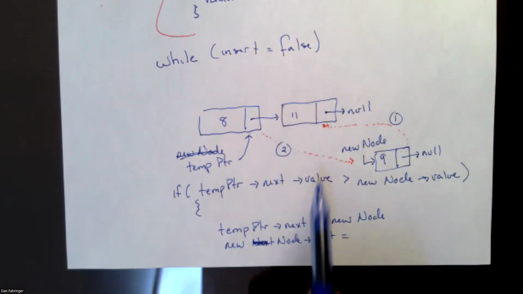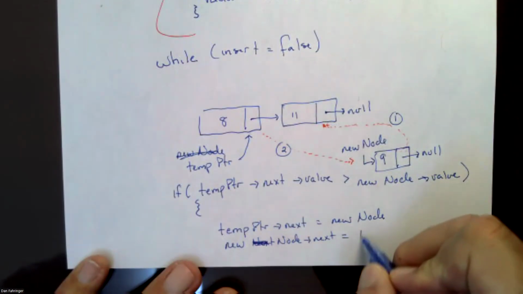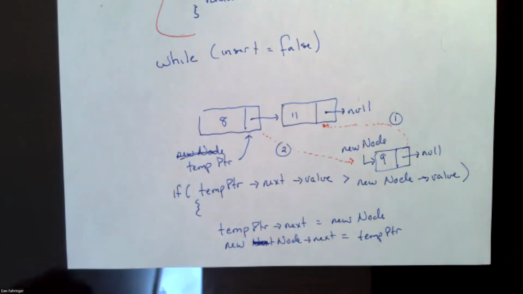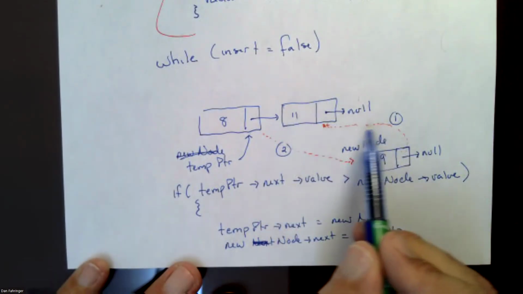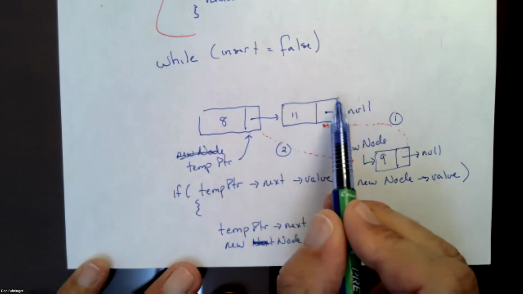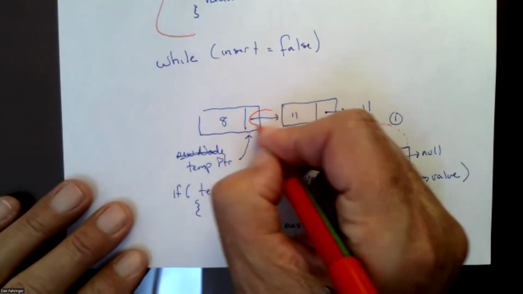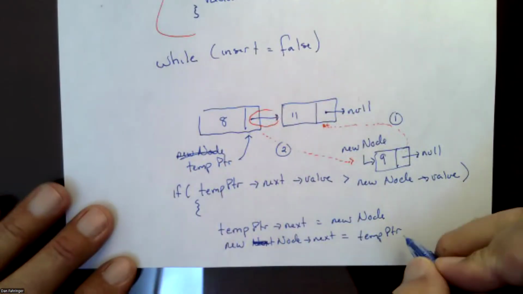New node's next gets the value of, really close, temp pointer's next. I want this to point to this node. What points to this node? That's this line right here. That line is temp pointer's next.